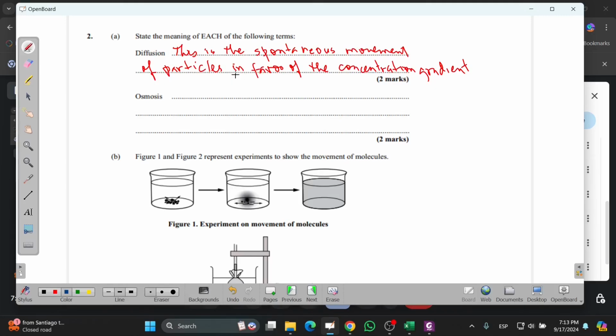So this is in favor of the concentration gradient, right? Let me put a straight line there.